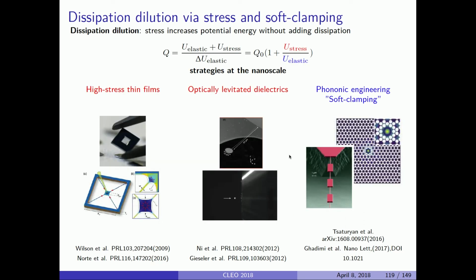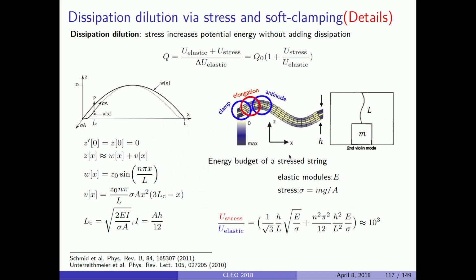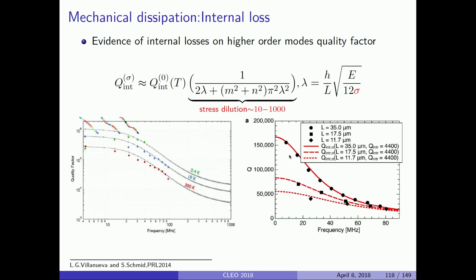What you can do is, in about the last 2 years, there have been very interesting new approaches to increase the quality factor of mechanical systems further, by engineering this loss dilution further. This is a concept called soft clamping. And the idea is the following. If you go back to this equation of loss dilution, there's a term that goes like 2 lambda and a term that goes like lambda squared.